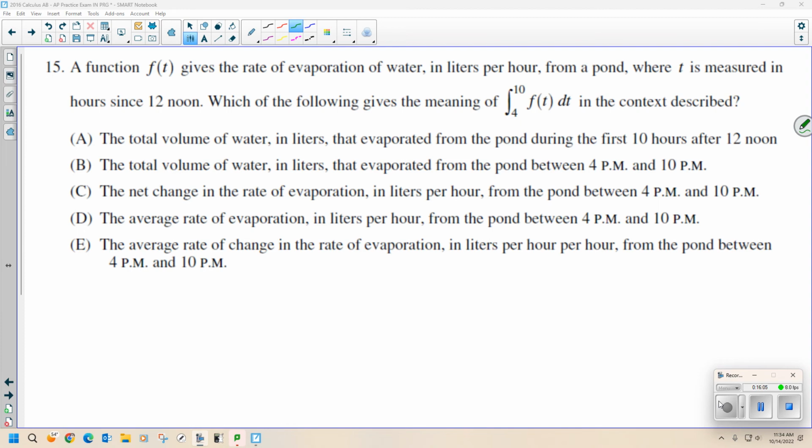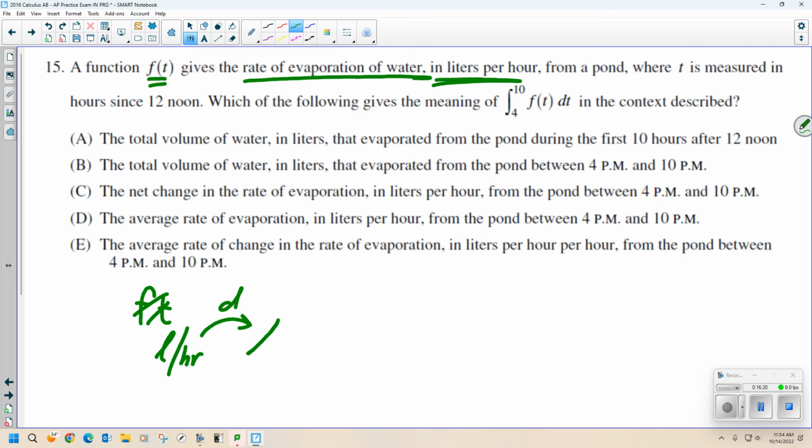So, if I have f of t, and f of t is already a rate, it's in liters per hour. So, if I have liters per hour, and I take the derivative of that, that's liters per hour squared.